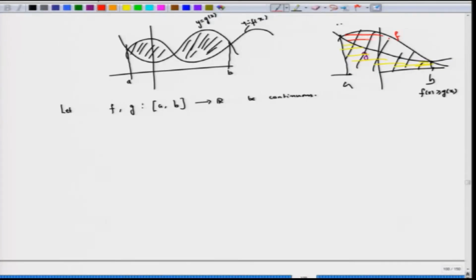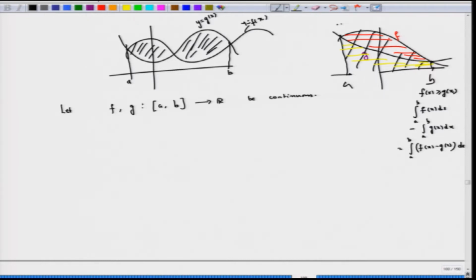That means we are trying to find the area of this region, and for this picture, what you can get is the integral from a to b of f of x dx minus the integral from a to b of g of x dx, by the properties of the Riemann integration.